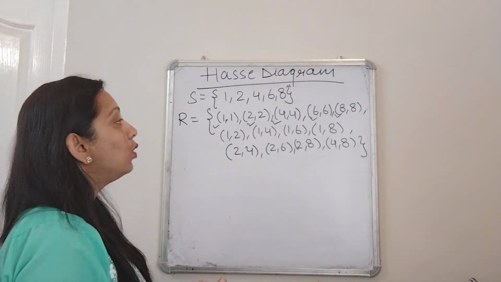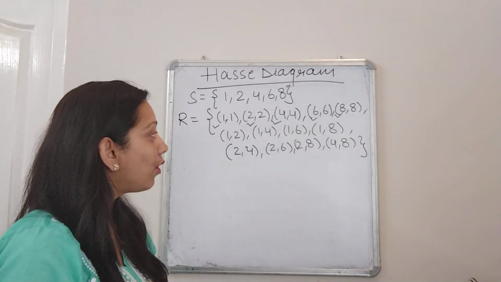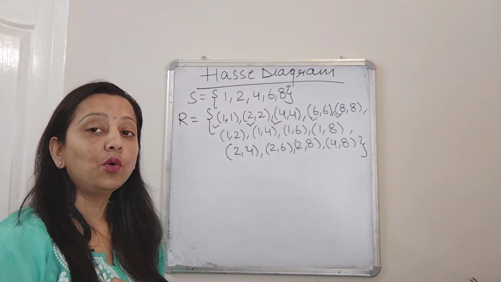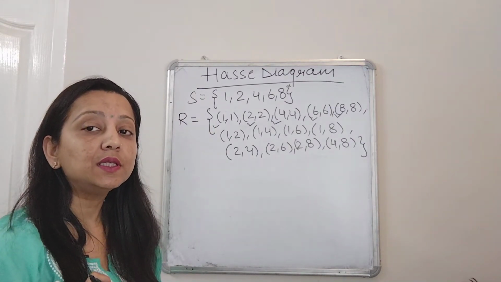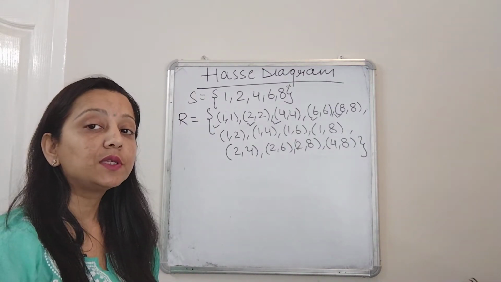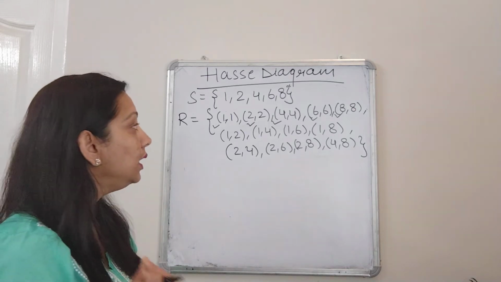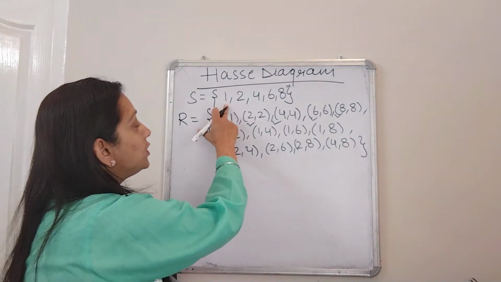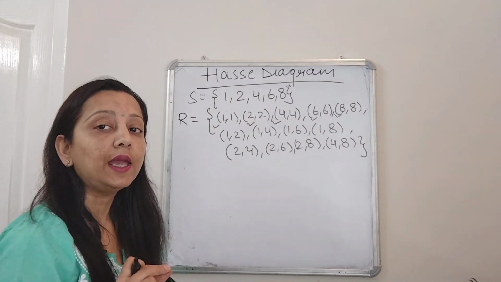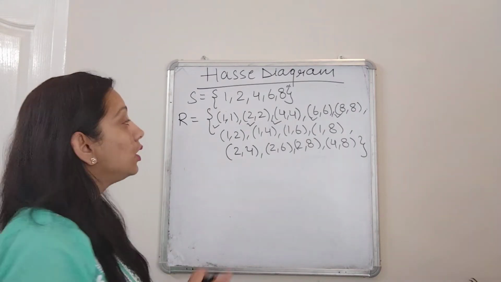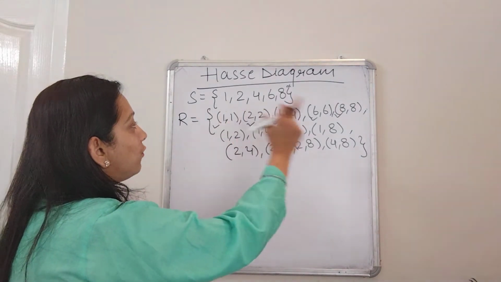Okay, now if I draw a graph of this relation, I know that all the elements of the relation represent the vertices of the graph. So first of all, I'll copy down all the elements of the set. Now what are all these elements? 1, 2, 4, 6, 8.